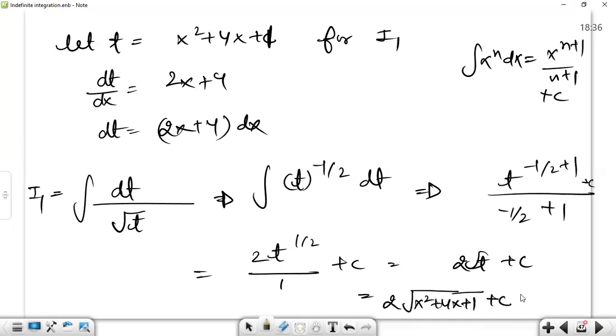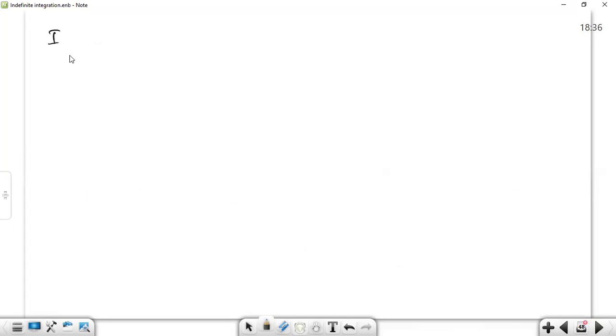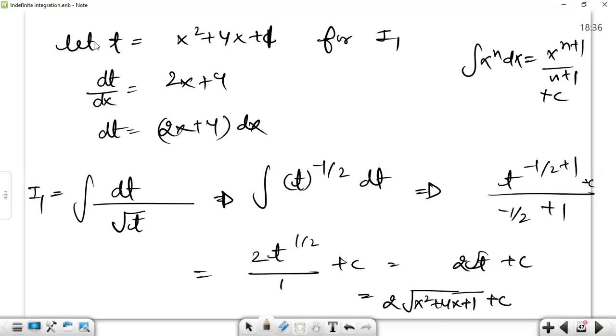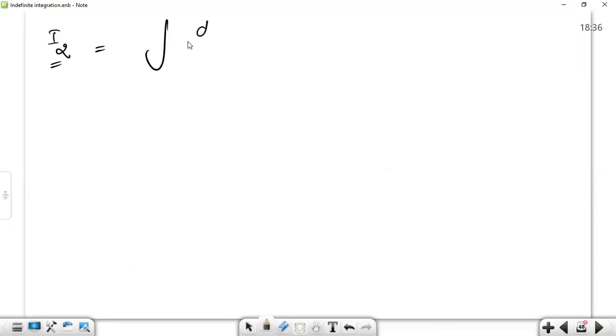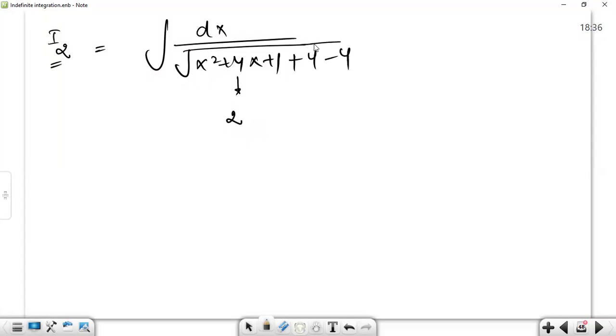Let's solve integration 2 also. Integration 2, which is what? dx by square root of x square plus 4x plus 1. So for making this a perfect square, we simply add the half of the coefficient. What is half? It is 2. Its square is 4, and we'll subtract it also.